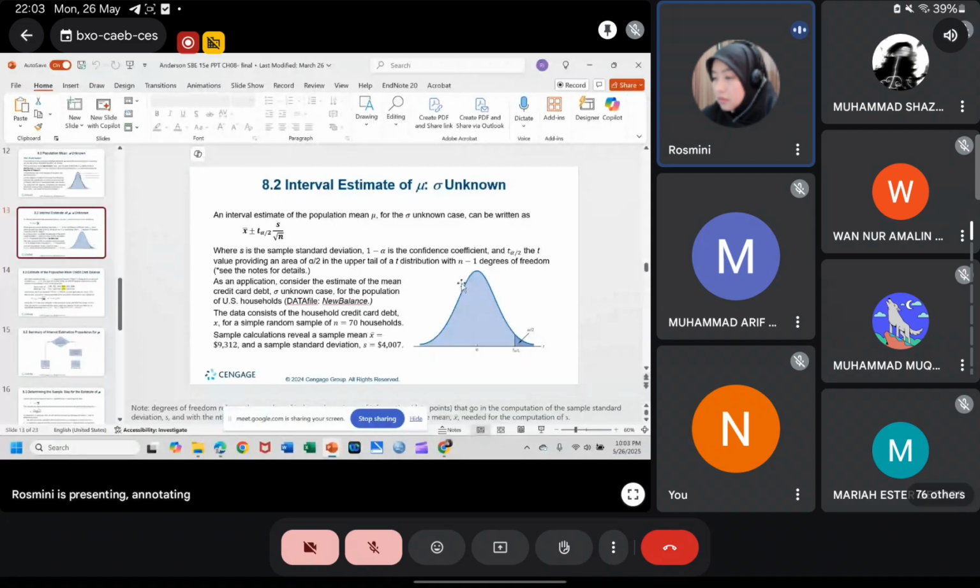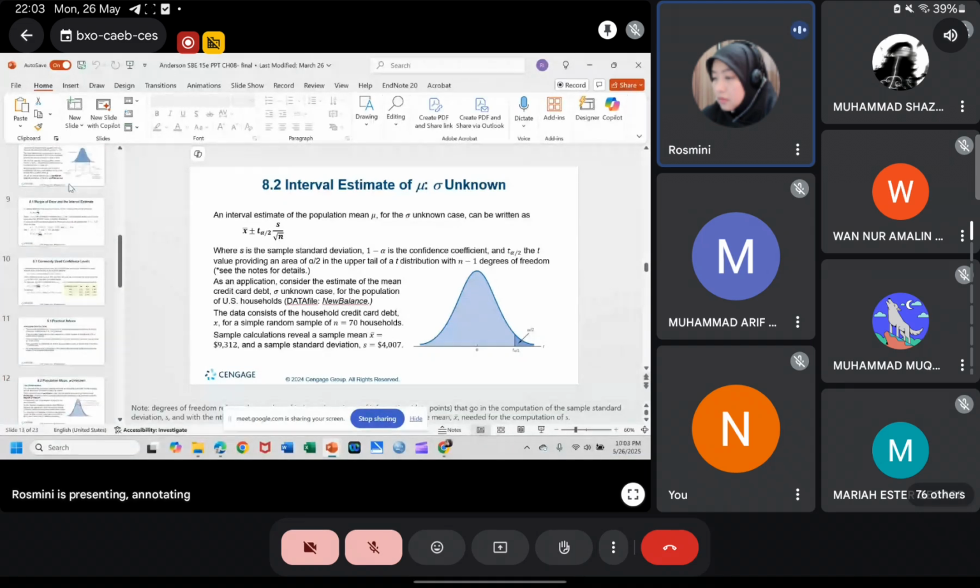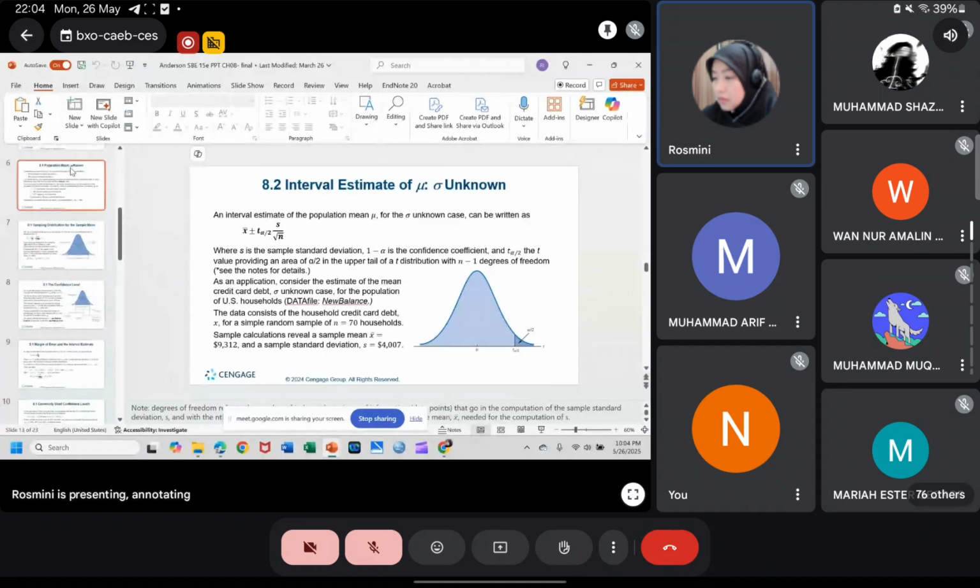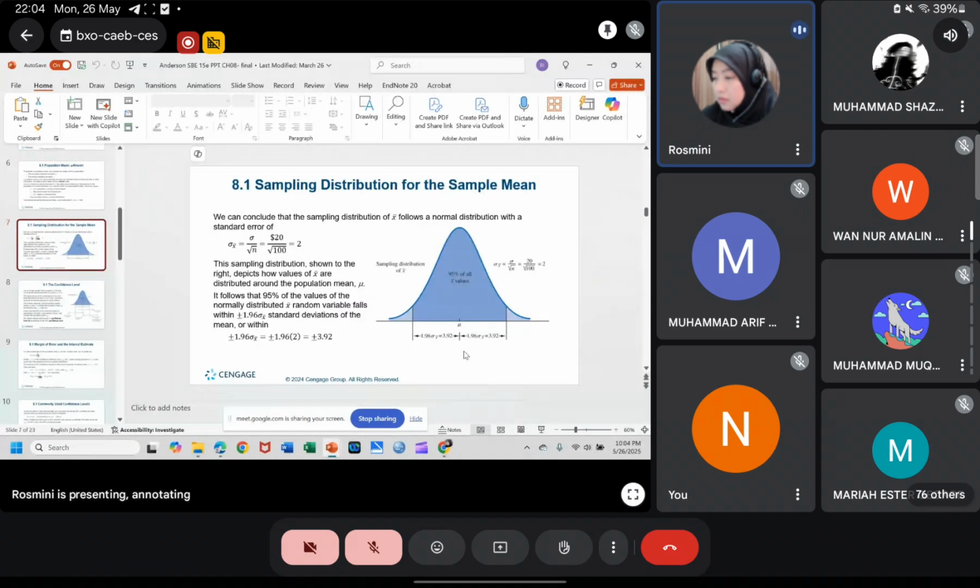So 95%, you have to understand, this whole thing here is 95%. So 5% is here plus here, 0.05. 1 minus 0.95 is 0.05.